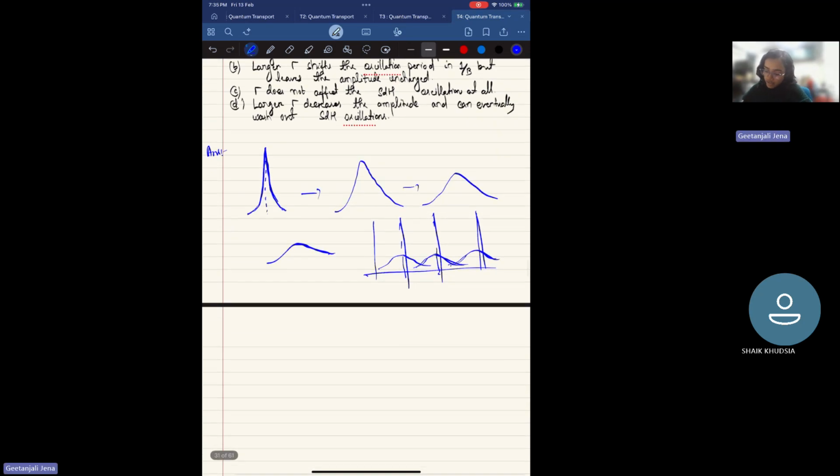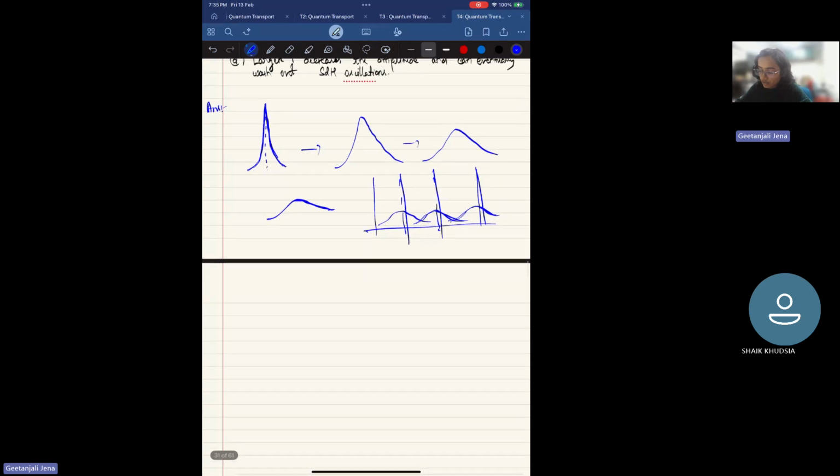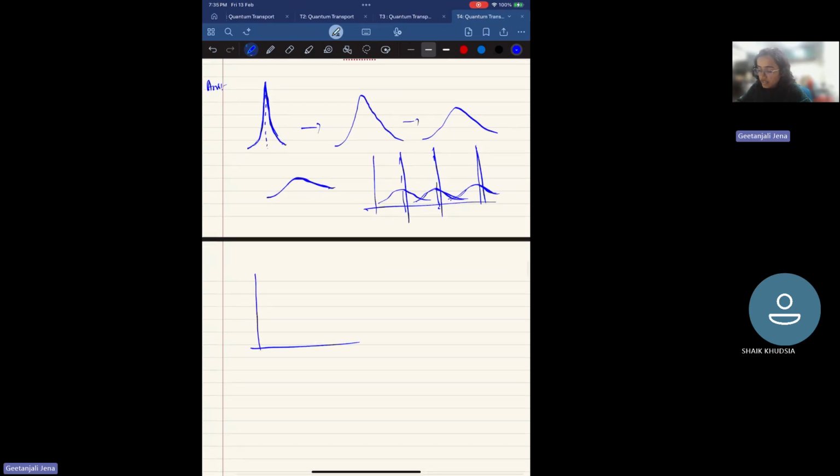Okay, so what I mean is, let's say in the energy scale, if you recall, the density of states looks like this. They peak at the discrete energy levels of (n plus half) ħω_c, and they are separated by a value ħω_c.